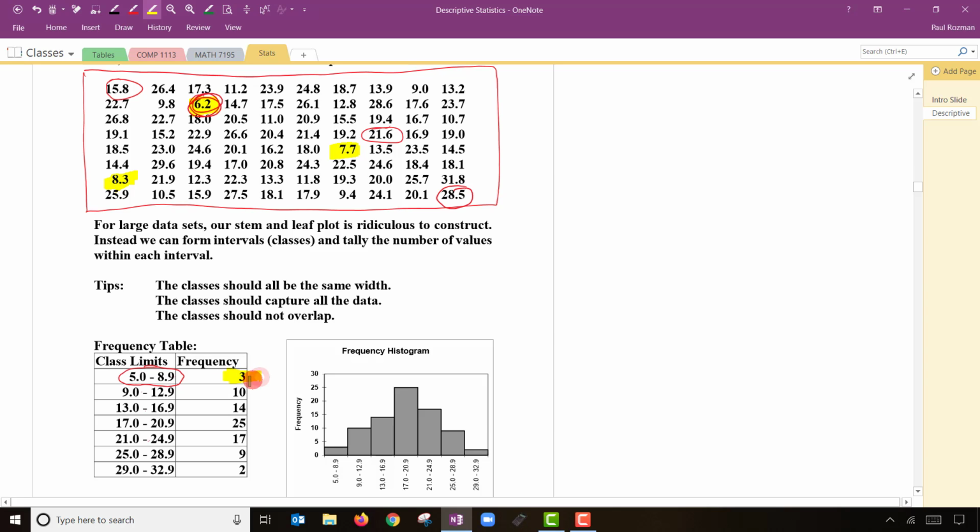So there were 3 in that category, and now I have to do that for all the rest. Now hopefully we can use computer software to do all this for us. It will basically do these counts. If we add all these frequencies together, they better equal 80, because that's how many values we have up here. So that's a good way to check.